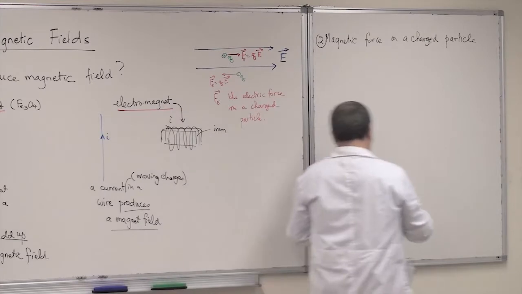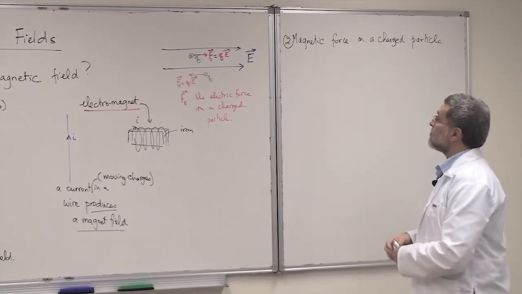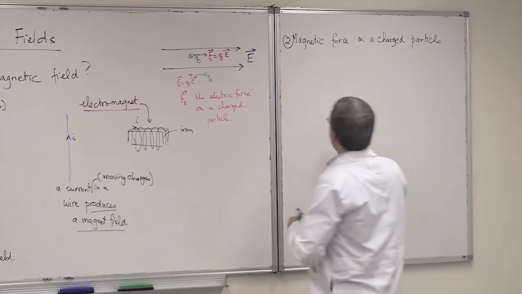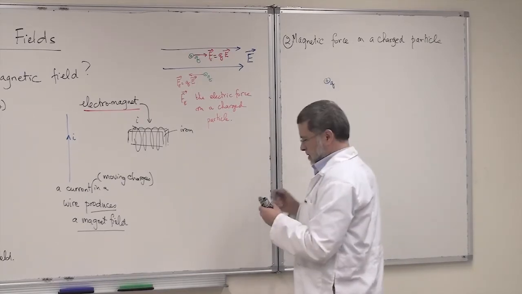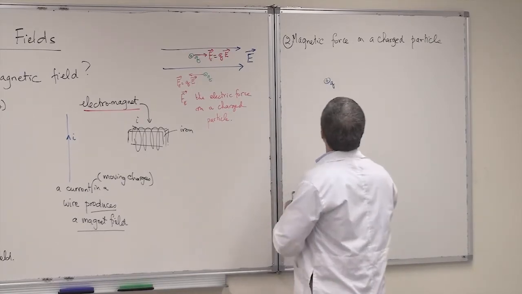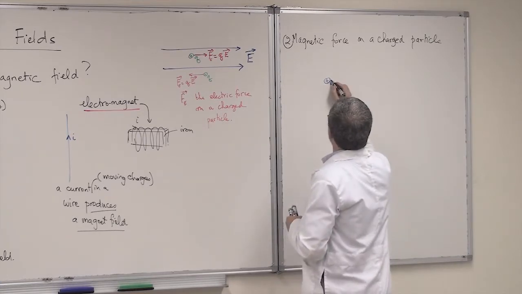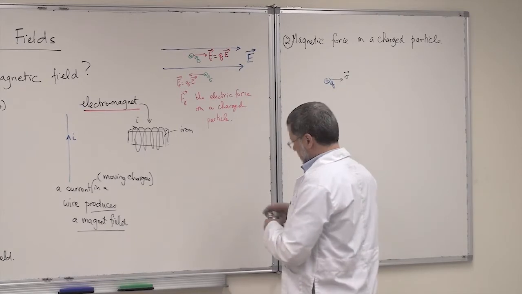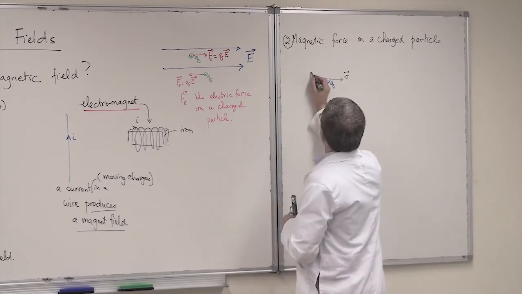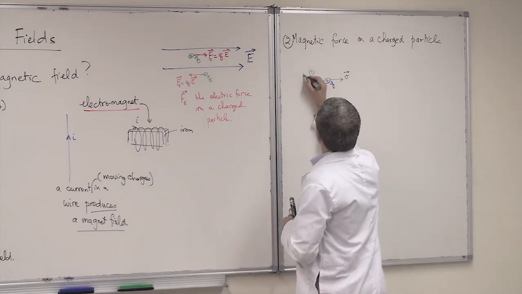Now we're going to take it and put it in a magnetic field. Okay? So let's take a positive charge, for the time being. And this positive charge is moving with the velocity v in this direction, and it is in a magnetic field in this direction, B.